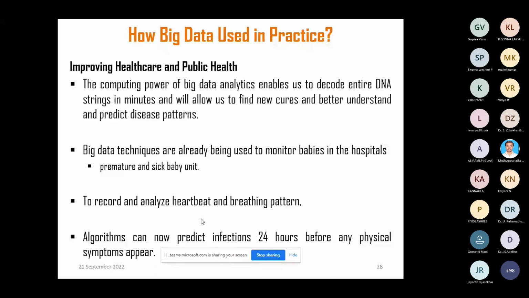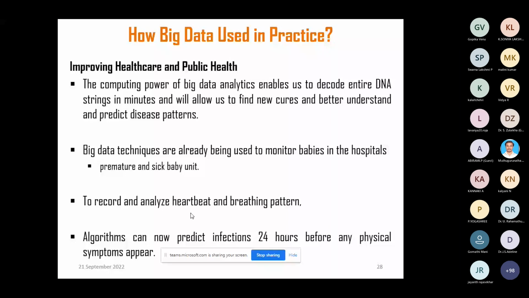Big data technology is widely used for this, and algorithms developed on that platform help doctors understand the nature of the disease 24 hours beforehand.